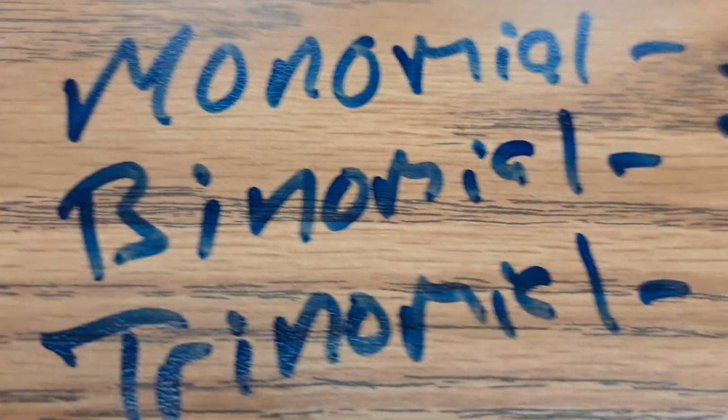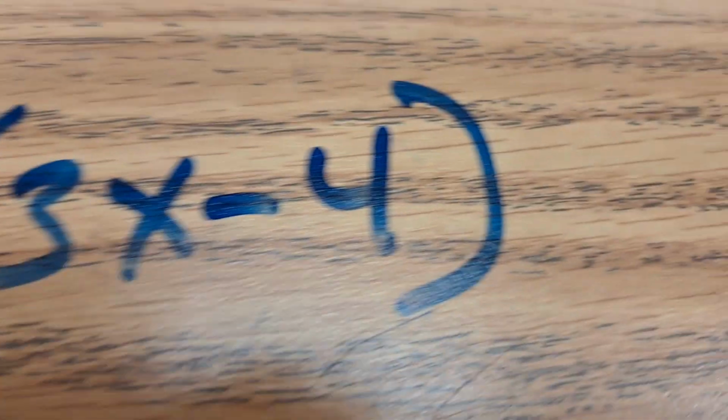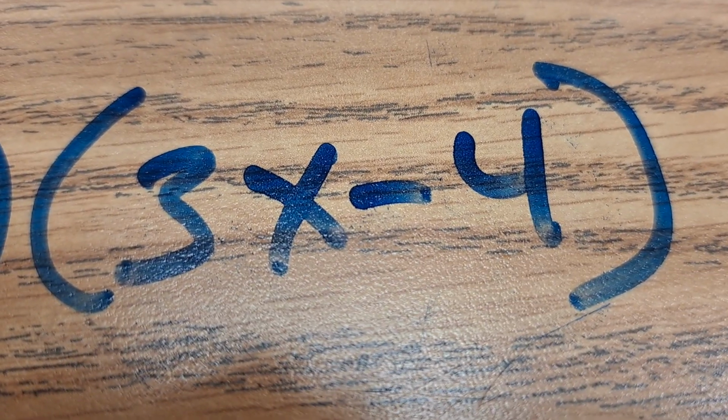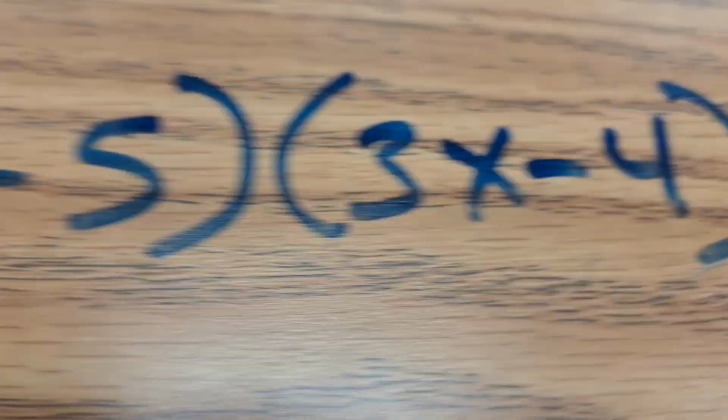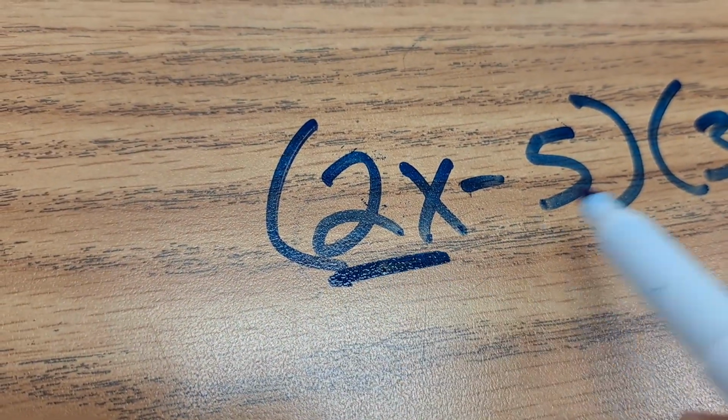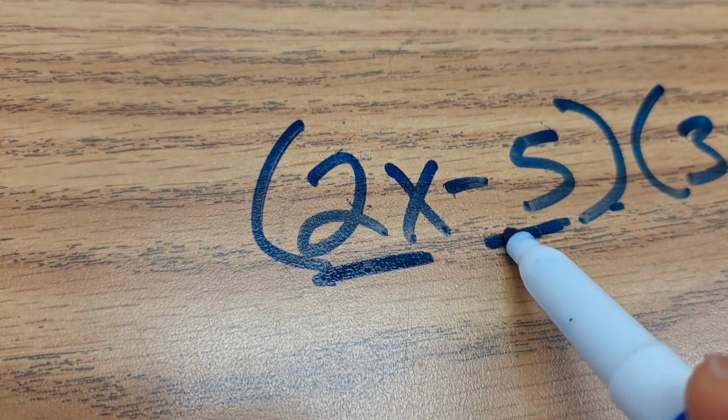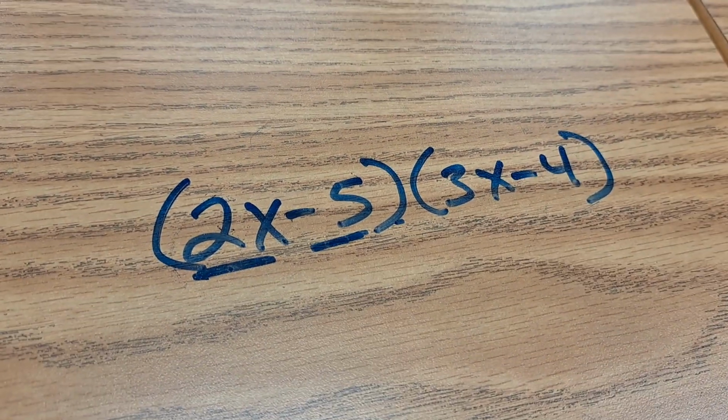It would be a binomial because there are two terms in here, right? And 3x minus 4 would be a binomial because it has two terms. This is the first term, and this is the second term. So it has two terms, it's a binomial.